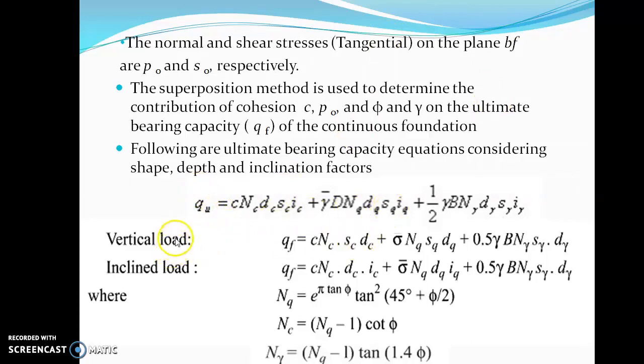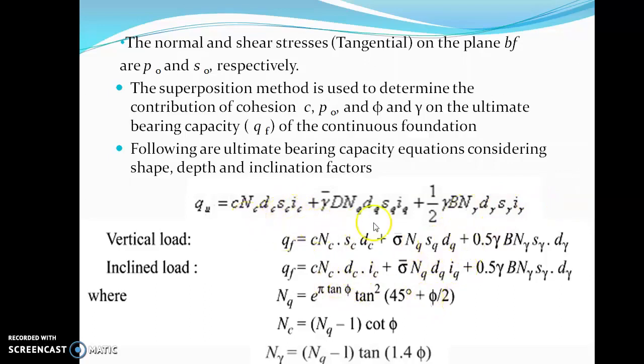For particular cases, in case of vertical load, this equation gets modified into this, and the same equation for inclined load is modified slightly. Now what is the modification? When the loads are vertical, you won't find ic and i gamma. When the loads are inclined, you are not finding sc. So there will be slight changes.